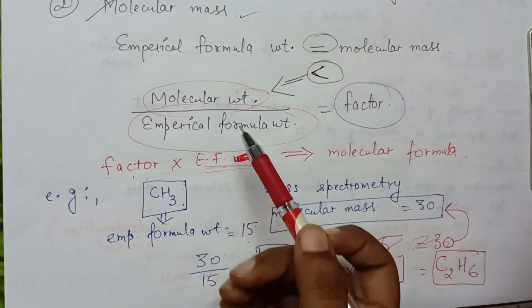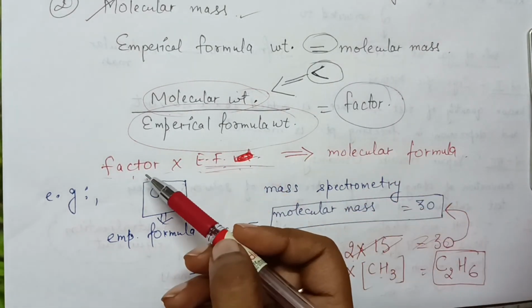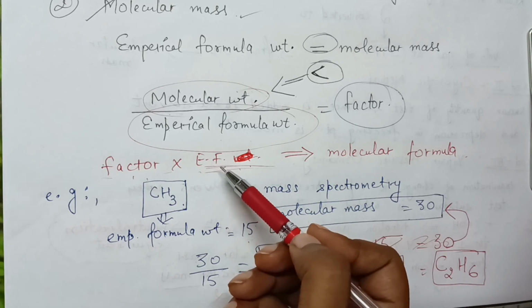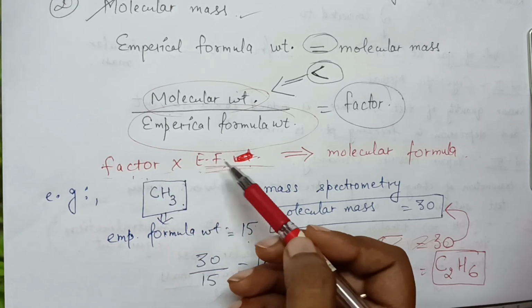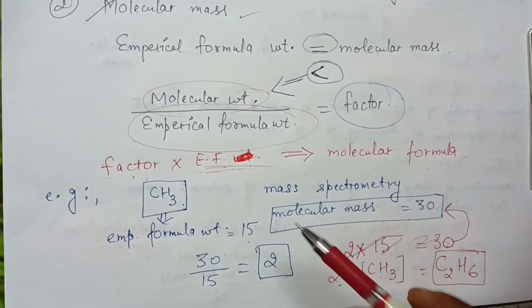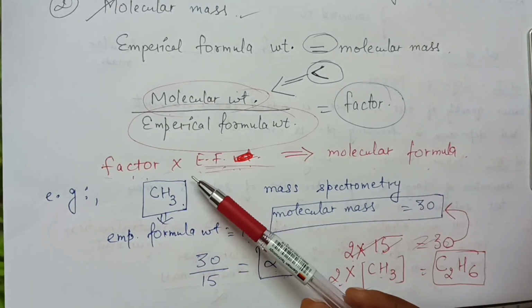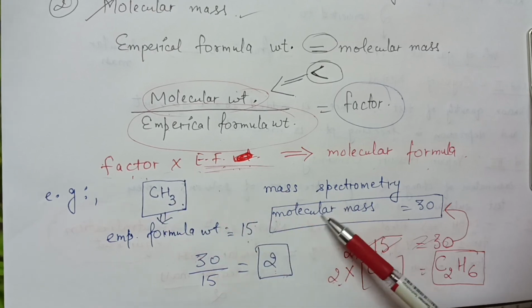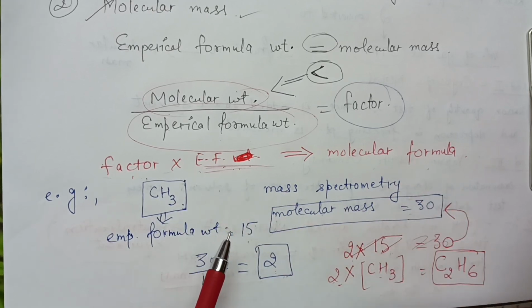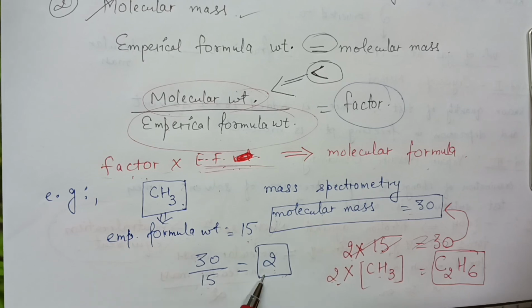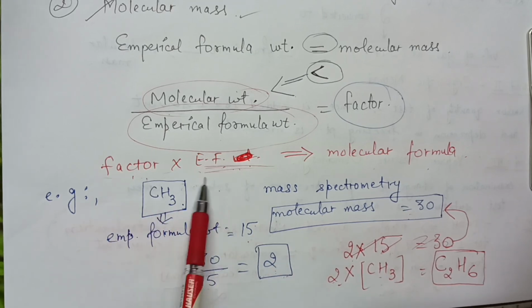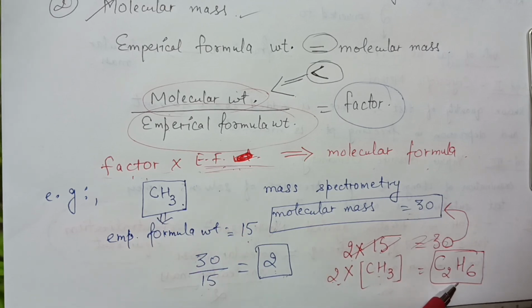I hope this part is clear: after getting the factor, we multiply it with the empirical formula and we get the molecular formula. Here the empirical formula was CH3 and the molecular mass was 30. We divided the molecular mass by the empirical formula weight and got a factor. Then we multiplied the empirical formula by that factor and got C2H6.